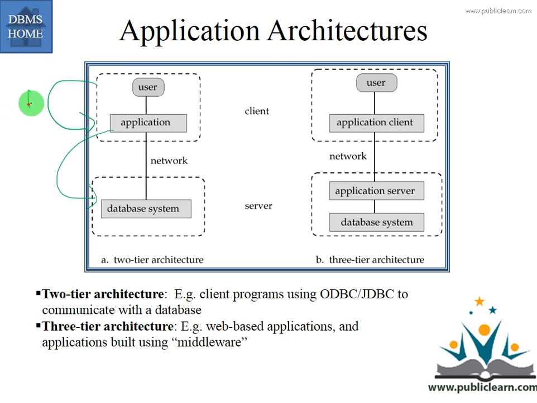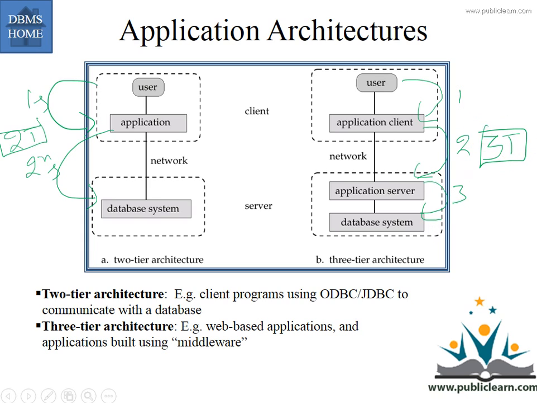One step, second step, so it's a two-tier. And here, the user goes to the application client, from the application client to the application server, from the application server to the database system. One, second, third, so it's a three-tier architecture.